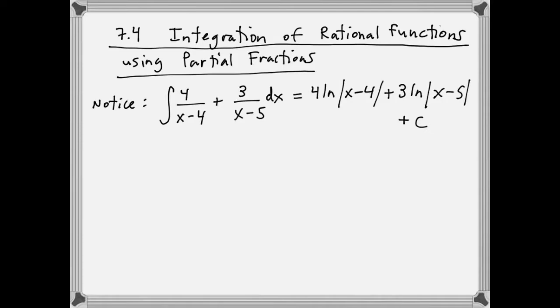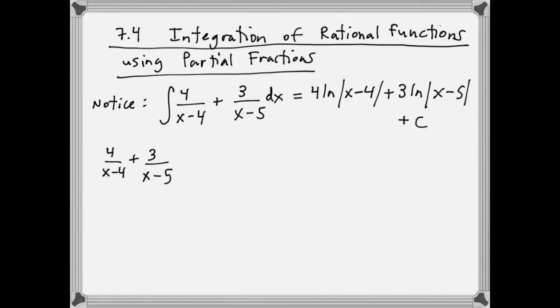But what if somebody were to give you this problem, right? What if somebody were to say, let's add these fractions together first to try to make your life more difficult. So let's suppose we were to add 4 over x minus 4 plus 3 over x minus 5. How would you add these?